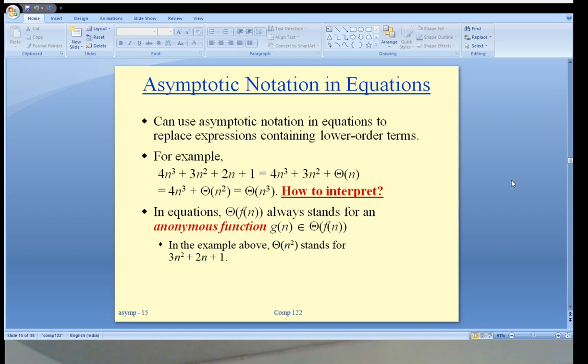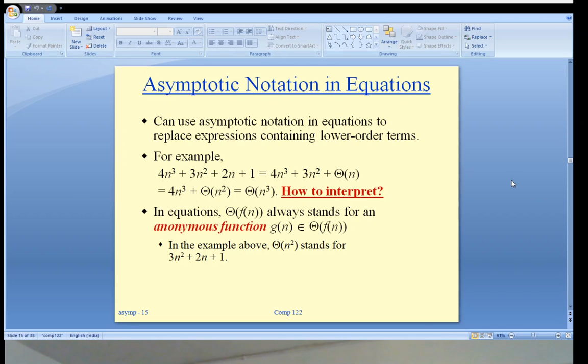The asymptotic notations. We can use the asymptotic notation to replace an expression containing lower order terms. For example, there is a function 4n cube plus 3n square plus 2n plus 1. Then the function 2n plus 1 is bounded by theta of n, because the only variable term here is n. Between 3n square and theta n, the n square will dominate, so this is theta of n square.